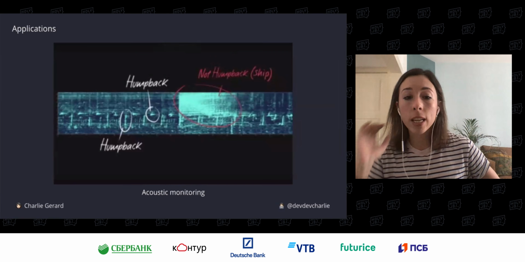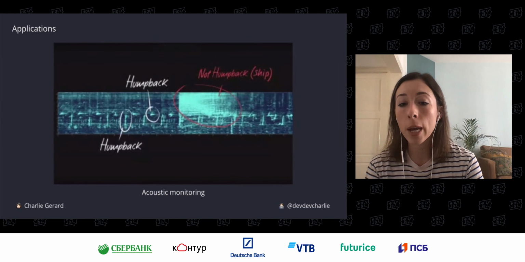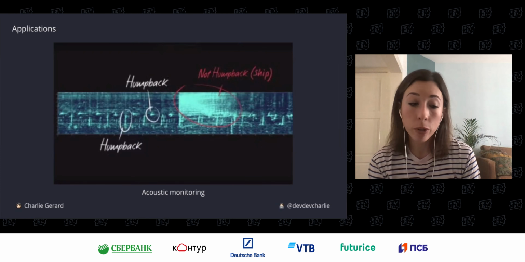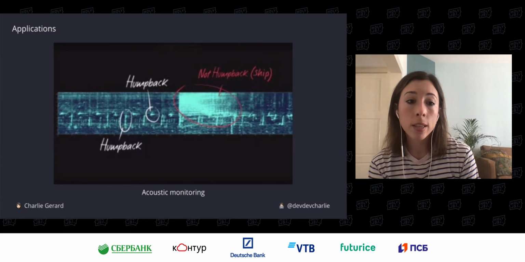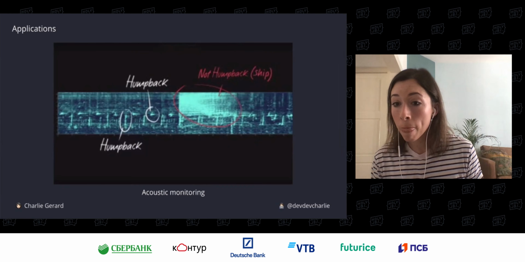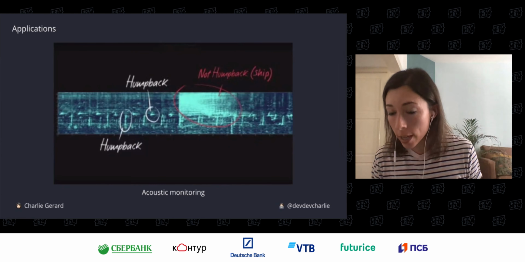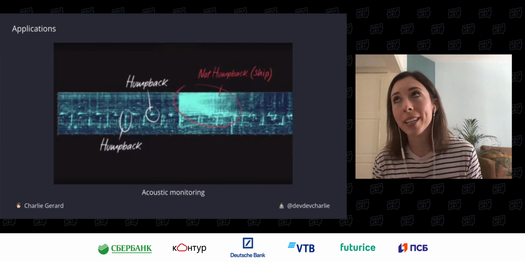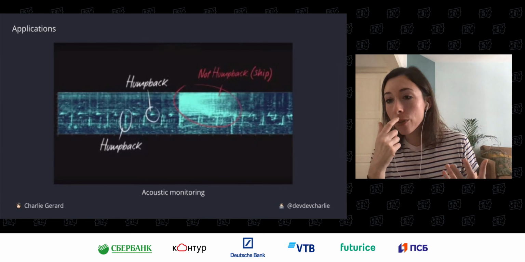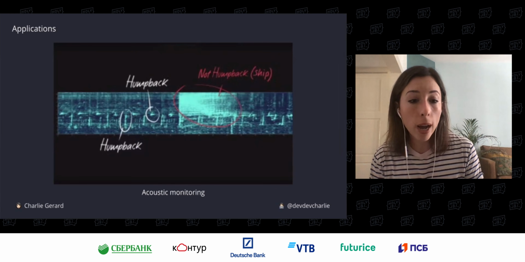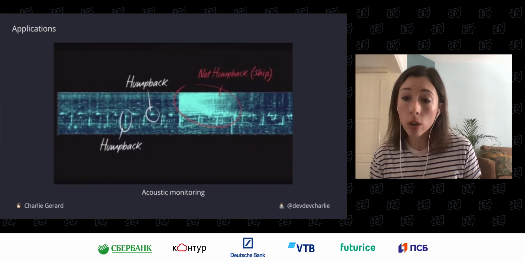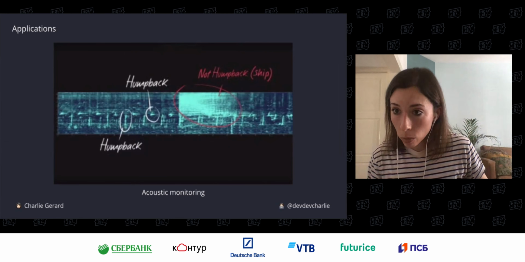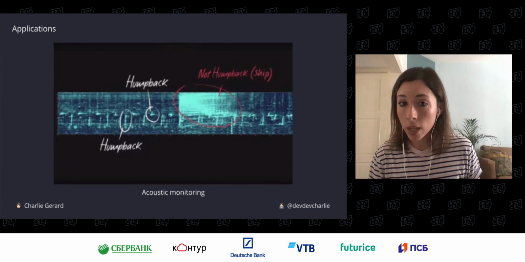Another example is in acoustic monitoring of different kinds of animals. You have a lot of biodiversity researchers that are looking at identifying certain animals in the ocean, especially because you can recognize the songs of different kinds of whales, to know how, I think in New Zealand it's used a lot, how many different species of animals are in the ocean at a certain time in the year.